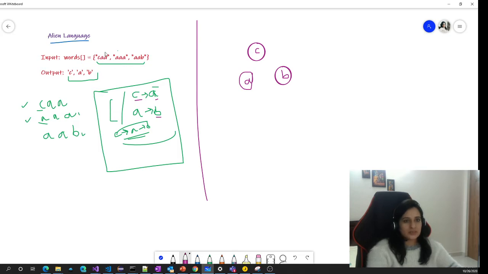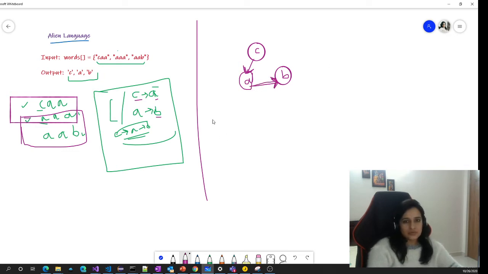Let's do what we did manually again. We'll pick two words at a time and connect the nodes of the graph. We picked CAA and AAA and compared C and A: C comes before A. So that's a directed edge, meaning A can come only after C. Then we compared the second and third words, and figured out that A comes before B. So this is another directed edge.